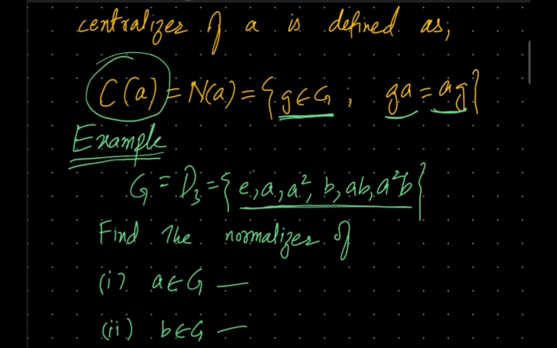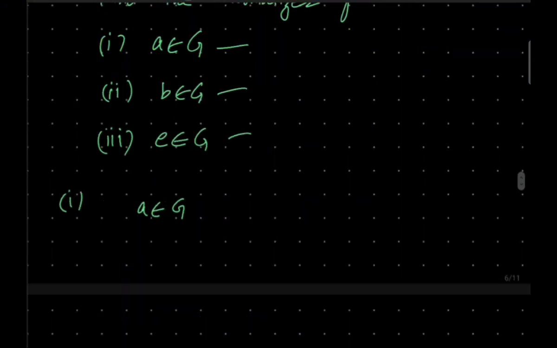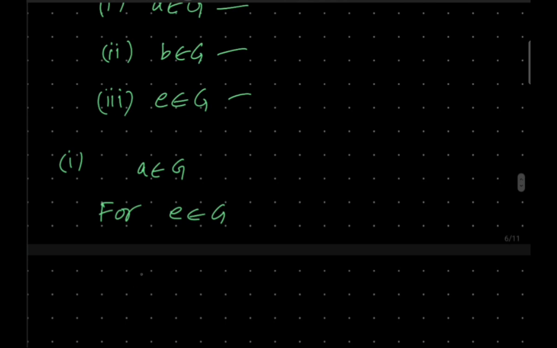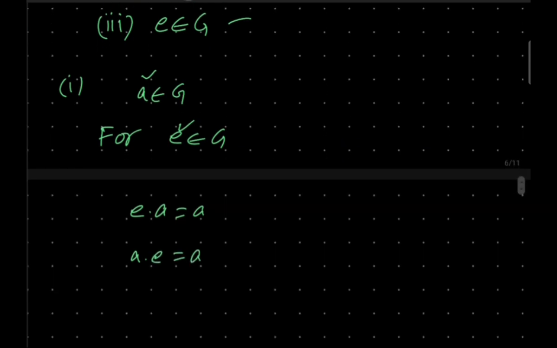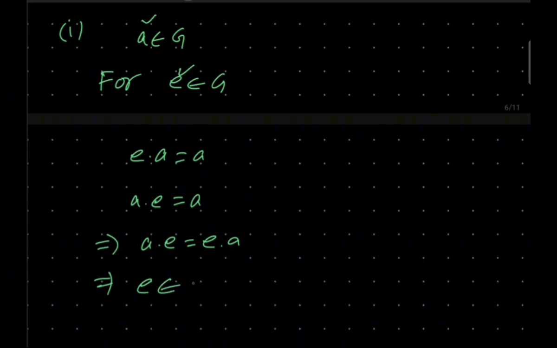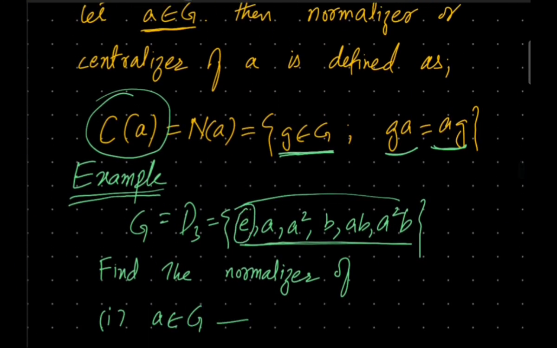We will check which elements of G can be commuted with a, one by one. First look at e belongs to G. We check whether e can be commuted with a. You can see e times a is a, and a times e is also a. Both are the same. This means e belongs to the normalizer of a, right? So this element is contained in the normalizer.